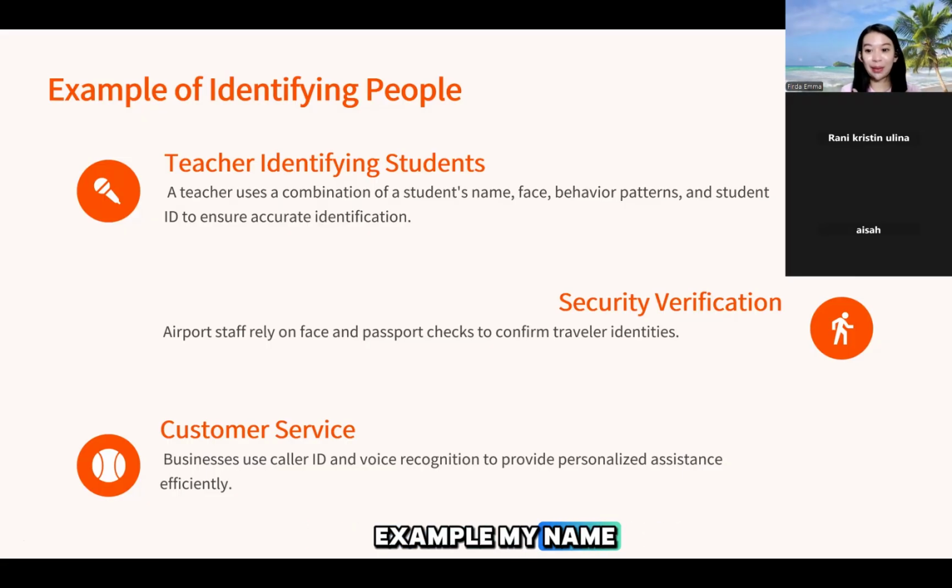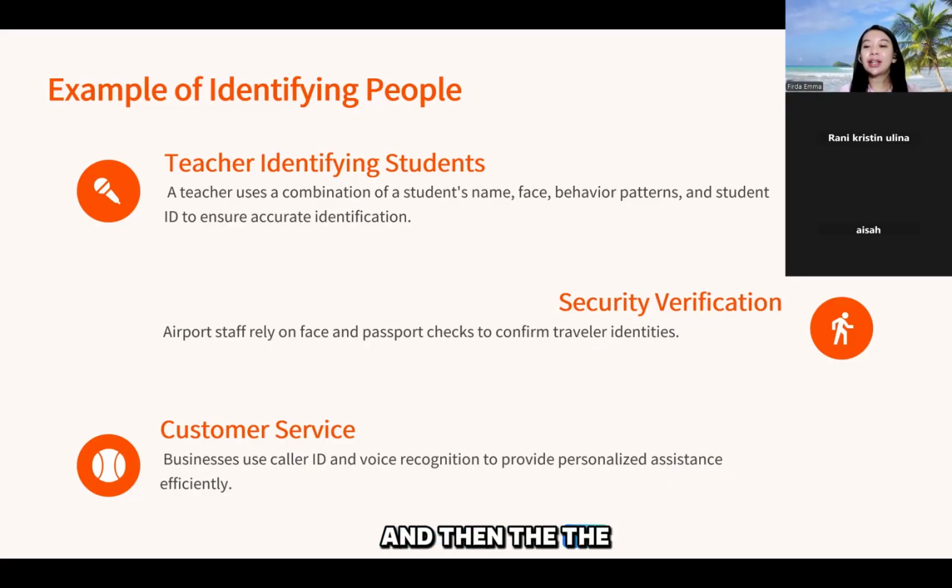For example, my name, my mother knows my name as Firda or Emma. And my mother knows my face, like maybe I have a beautiful face or unique face. And student ID, which is 2579 and so on, for accurate identification.